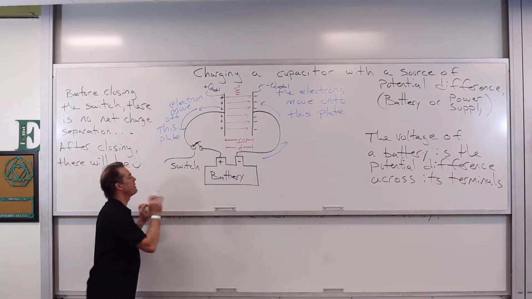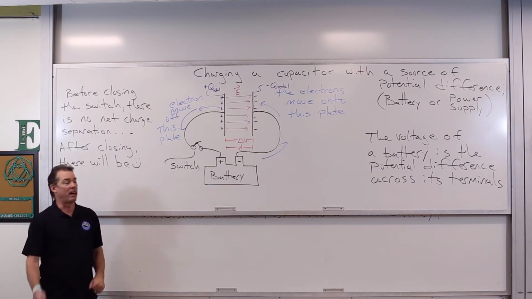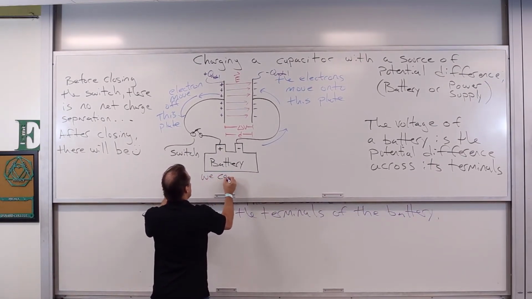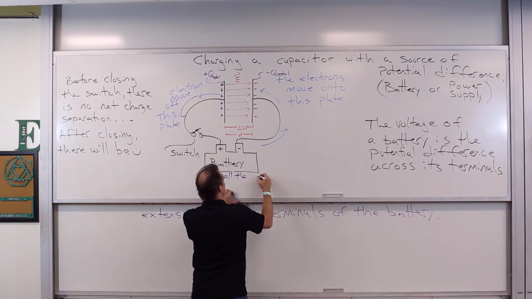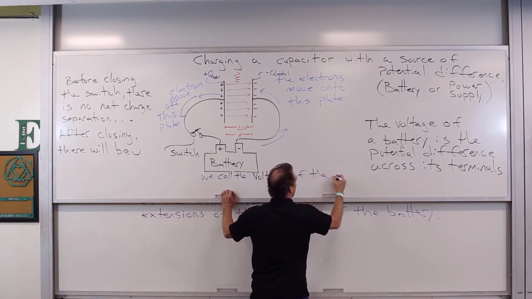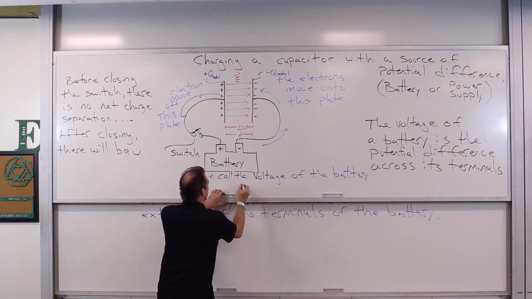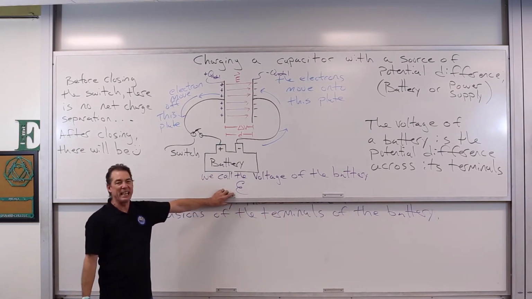let us name the potential difference of the source of the battery. We're going to call it something else. We call the potential difference of the voltage this scripted E, and it stands for EMF.